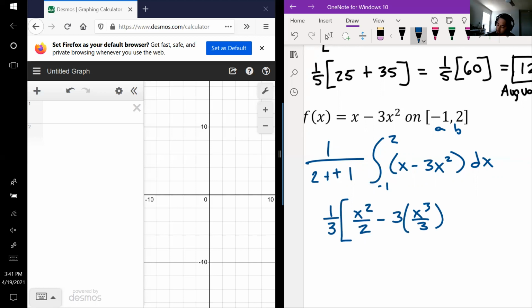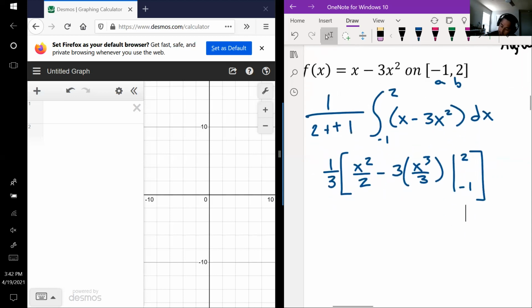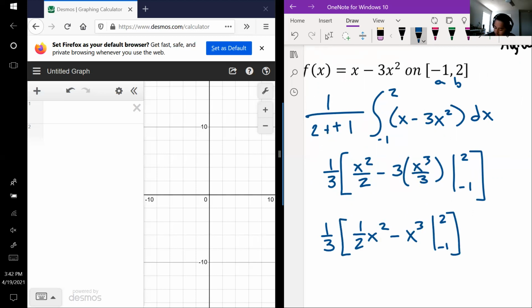And we evaluate this from -1 to 2. Okay. And now one more cleanup, and I get 1/3 times, and I'm just going to rewrite this as 1/2 x squared minus, your 3's will cancel, x cubed evaluated from -1 to 2.